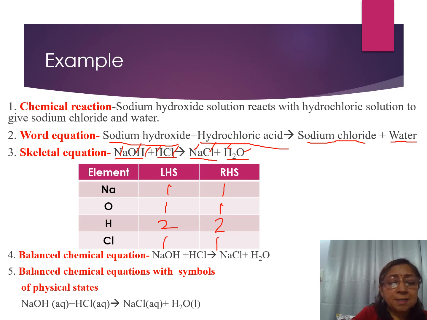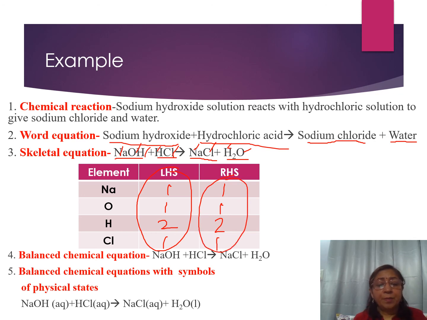So here we can see that the number of atoms of each element on the left hand side and on the right hand side are balanced. So the balanced chemical equation is NaOH plus HCl gives NaCl plus H2O. And with symbols we can write NaOH, it is an aqueous solution, plus HCl, it is also in water. Then NaCl is a solution of salt, plus water, it is a liquid.